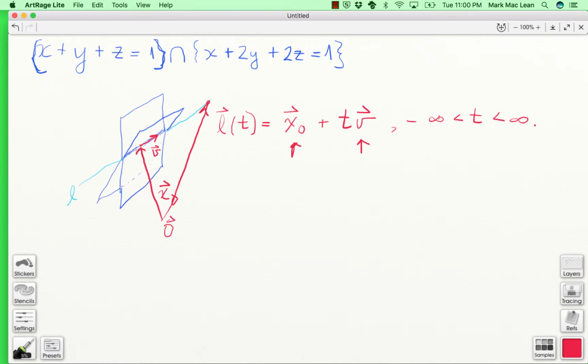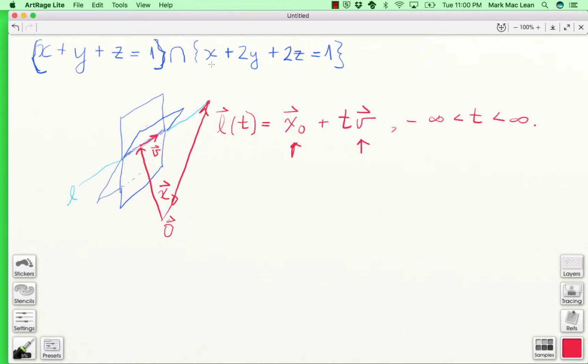So finding a point x naught is just finding a point that's in the intersection of these two things. I did it by inspection. For example, I said, let's imagine x is 1, y is 0, and z is 0. That's certainly a point on this plane.